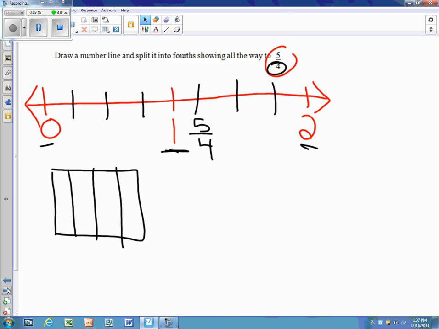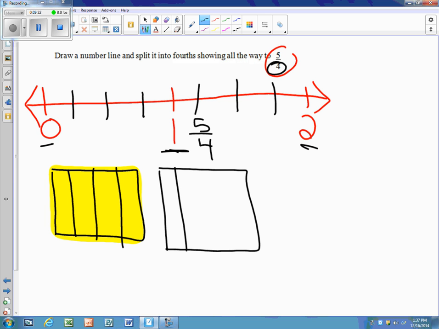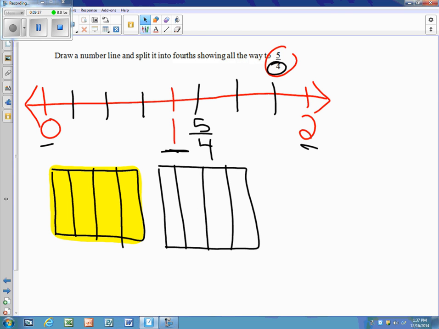And when I go to shade in 5/4, I see that one whole has 4/4. So then I need to make another whole in order to do my picture. But it also has to be fourths because my wholes are always split up into fourths. And now I have 5/4.